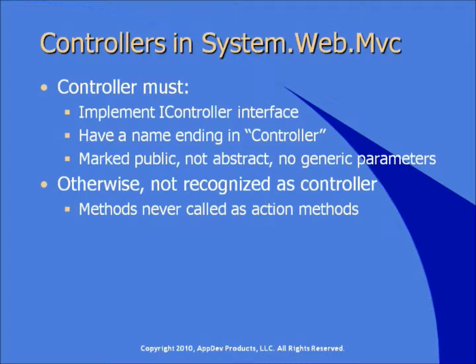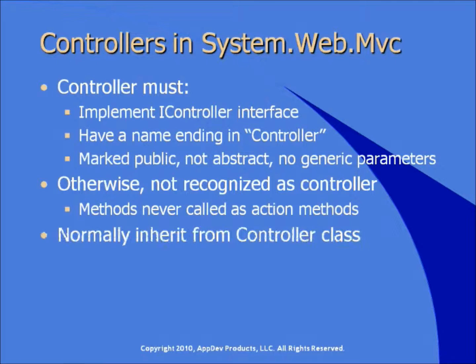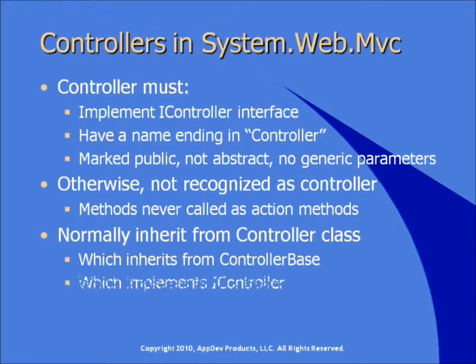But normally, you're going to create controllers that inherit from the Controller class, which itself inherits from the ControllerBase class. It's ControllerBase that implements IController, and both controller classes add the significant features that make writing MVC applications as easy as it really is.